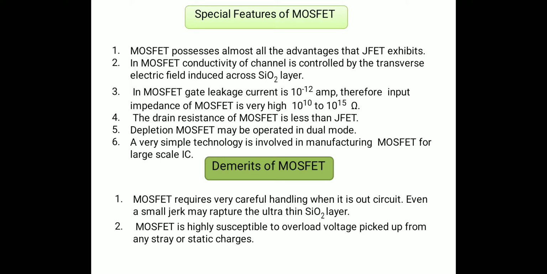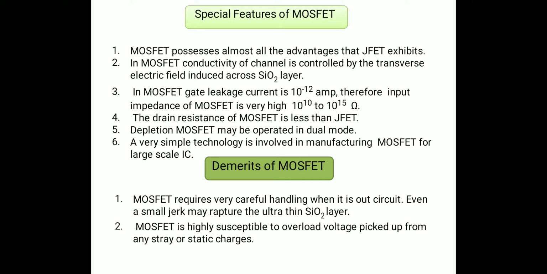The drain resistance of MOSFET is less than JFET. Depletion MOSFET, as we already know, works in dual mode because it can work as a depletion MOSFET and it can also work as an enhancement MOSFET. The MOSFET can be manufactured on large scale integrated circuits by simple technology.